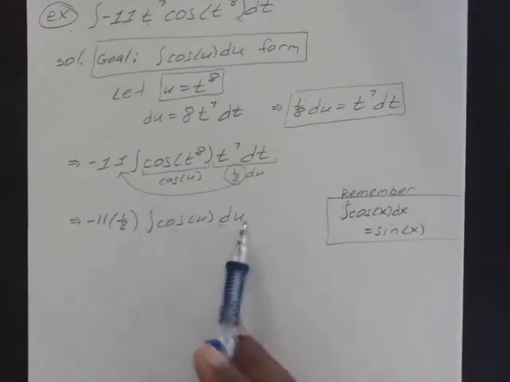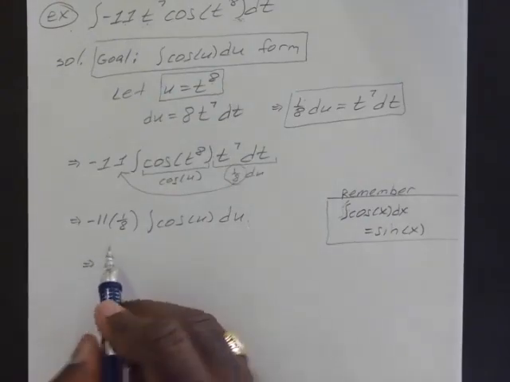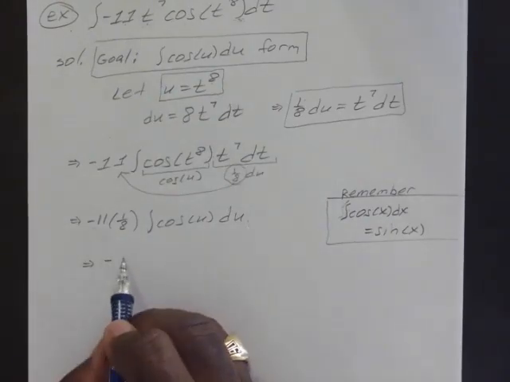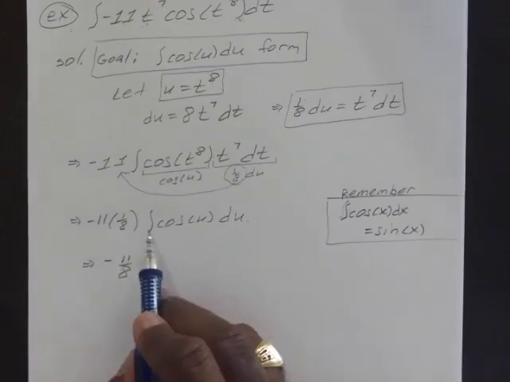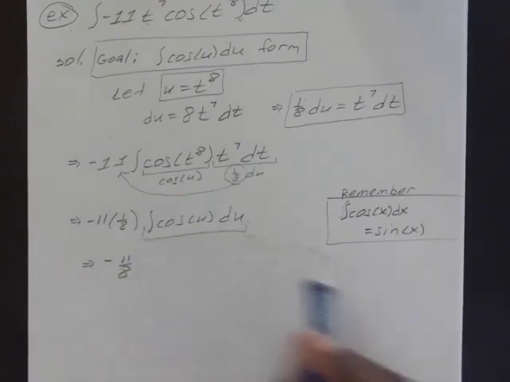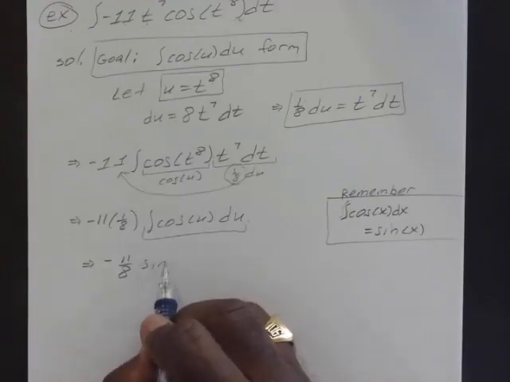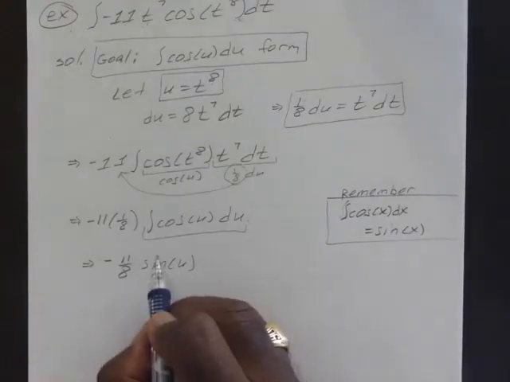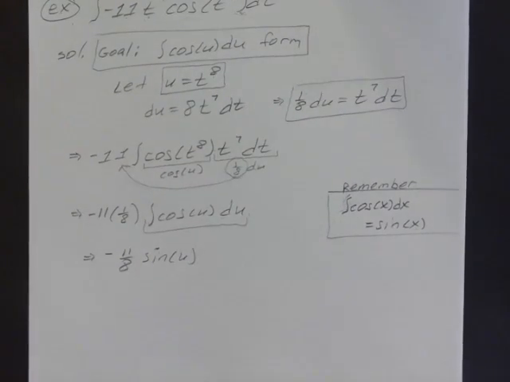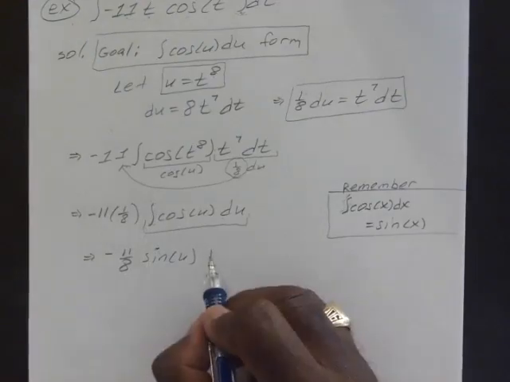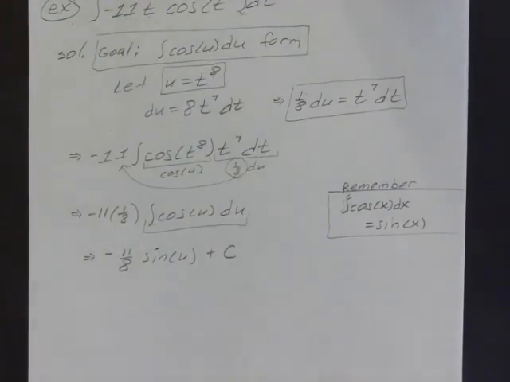So the integral of cosine of u, we can just rewrite that as negative 11 over 8. And this integral of cosine of u is just sine of u, so that's times sine of u. And since we don't have an upper and lower limit, we know we have to add our plus c.